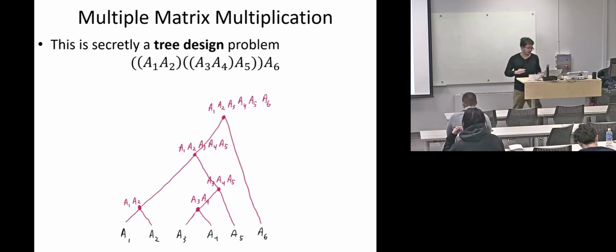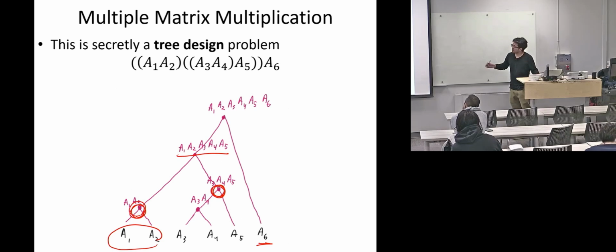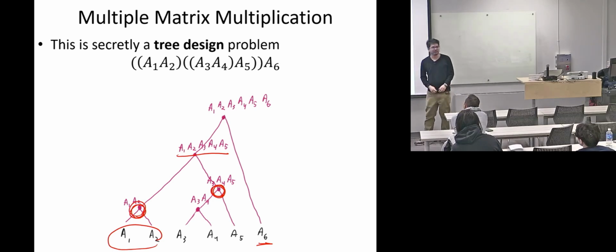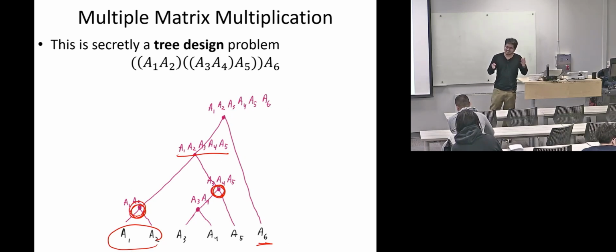Maybe next I say, okay, I'm gonna multiply these two together, and only after that I multiply these two and this one to get this sequence, and at the end I multiply by A6. So you try to design this binary tree such that the leaves are the matrices that you're given. Okay. Just by drawing, it gives you some feeling about the problem.